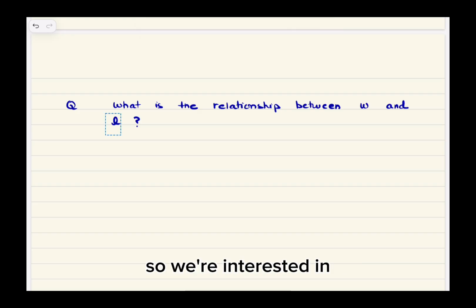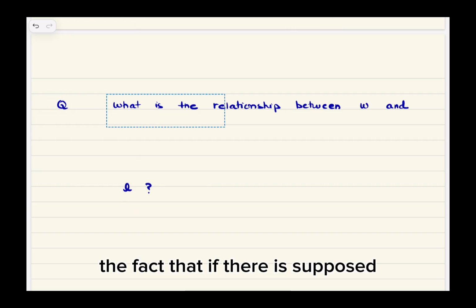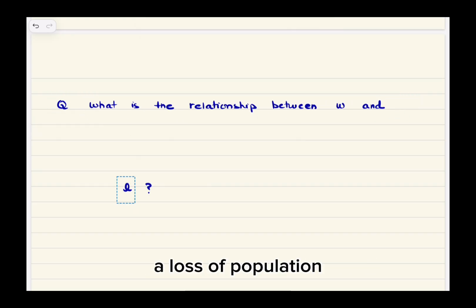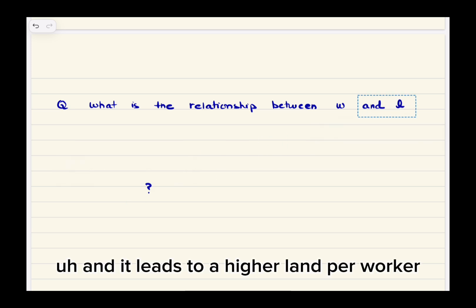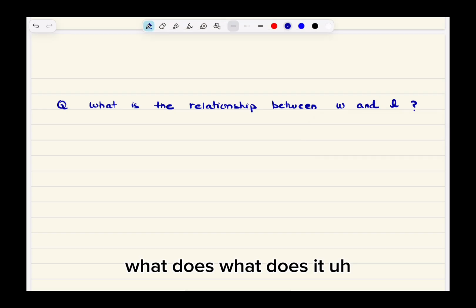So we're interested in the fact that if there's, suppose, a loss of population and it leads to higher land per worker, what impact will it have on wages?